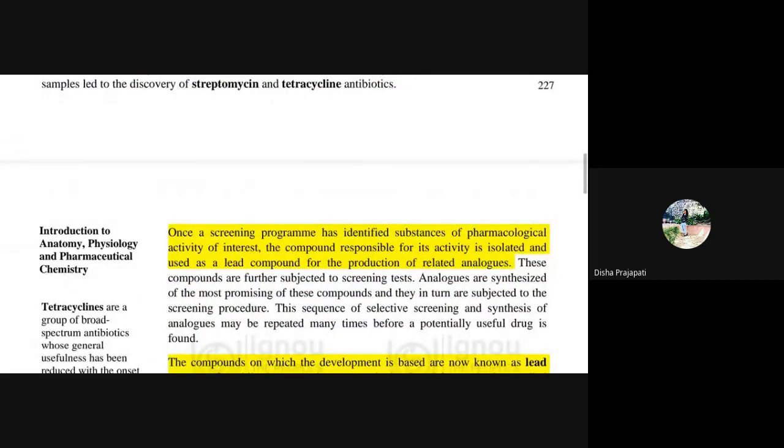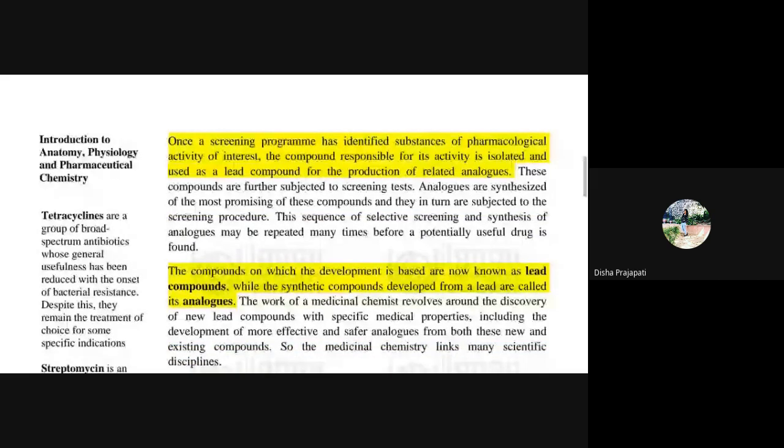Once a screening program has identified substances of pharmacological activity of interest, the compound responsible for its activity is isolated and used as the starting compound for the production of related drugs. The compounds on which the development is based are known as lead compounds, while the synthetic compounds developed from the lead are called analogs or analog drugs.